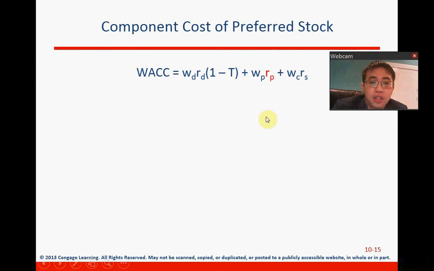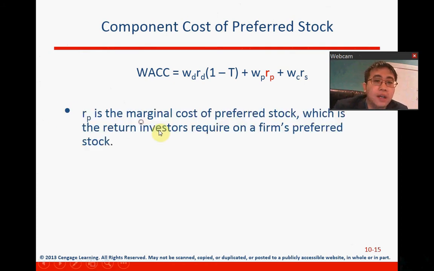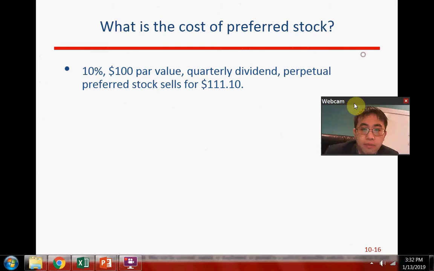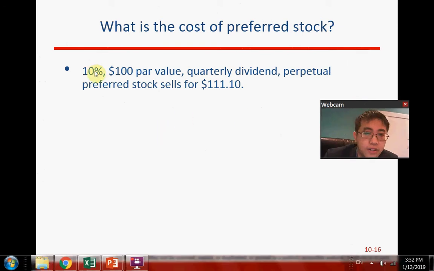All right, now let's check the preferred stock. Again, the return of a preferred stock is the cost to the company of raising preferred equity. So how do we get the return of a preferred stock? This is not tax deductible, so you don't have to multiply by 1 minus the tax rate. This is the information given to you, and you have a 10%, $100 par value. The 10% here is not the return of the preferred stock.